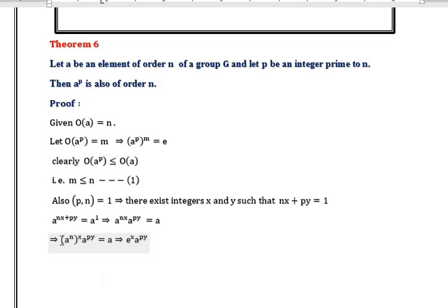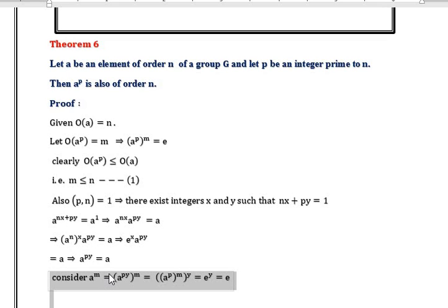Because a^n is equal to e, so (a^n)^x is written as e^x. So e^x into a^(py) is a.